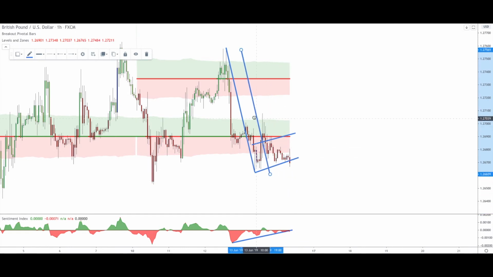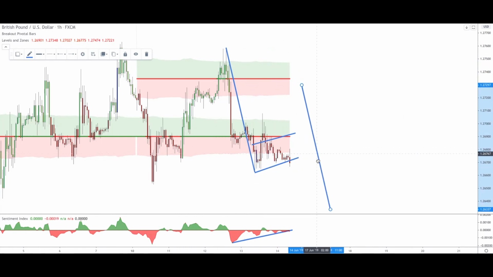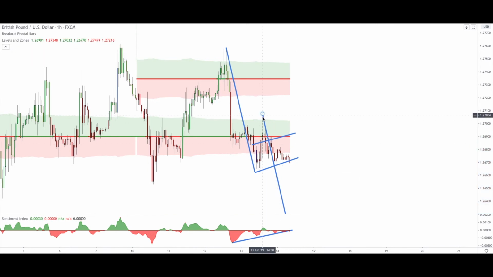So what I'm doing is taking the same impulse that the price made previously and projecting it to the downside. I start from the highest point in this consolidation. Even though it was kind of a one candle movement, because all the other candles are way lower than this one, I'll use this as a reference, as a starting point, and then project it to the downside.